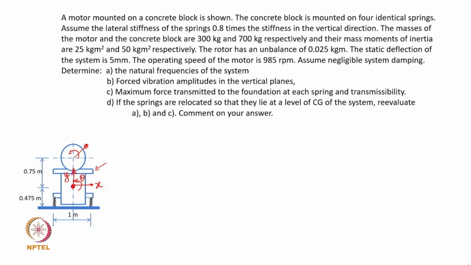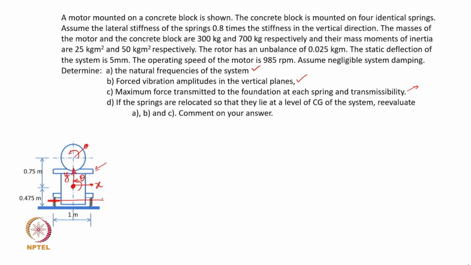and you are supposed to solve it. Solve it for natural frequencies, forced vibration amplitudes, and more important from our discussion right away is going to be the value of transmissibility or transmitted force to the ground, that is the part C. And then he asks us to re-evaluate the force transmitted if we manage to ensure that this CG is somehow relocated so that it is aligned or in line with the springs.